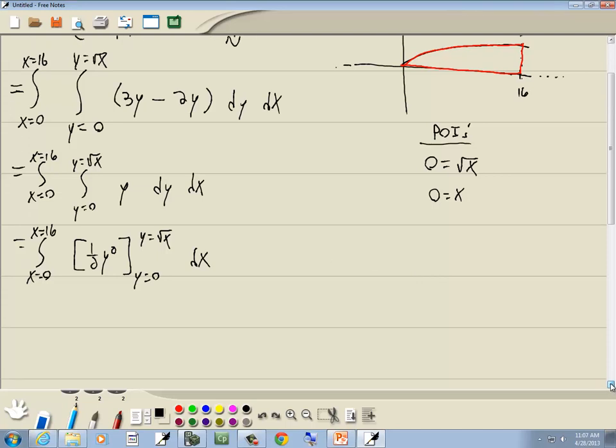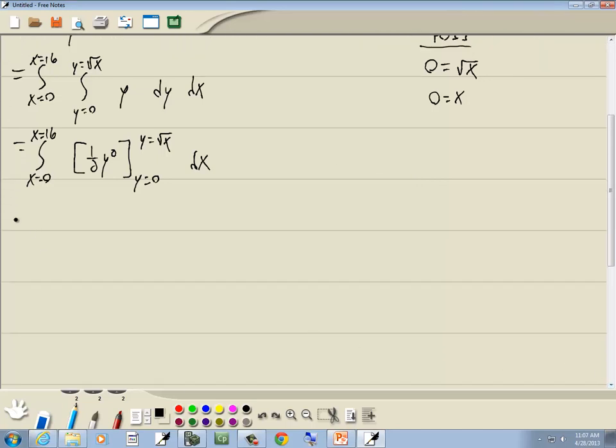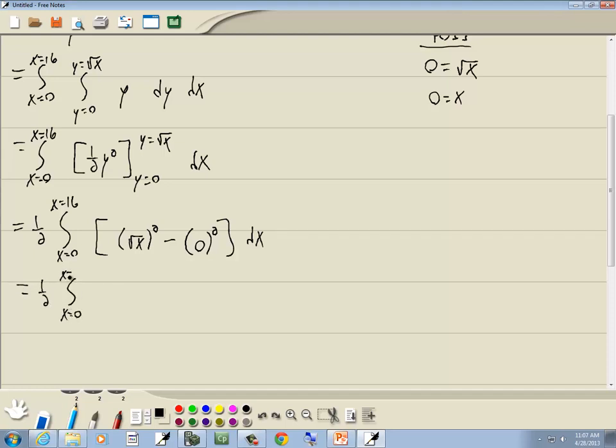Now the 1/2 I can put clear out in front because it's just a number. And now we're ready to plug in those values. So we'll plug in the square root of x for y. So we're going to have the square root of x to the second power minus, and we'll plug 0 in for y. So we've got 0 squared.